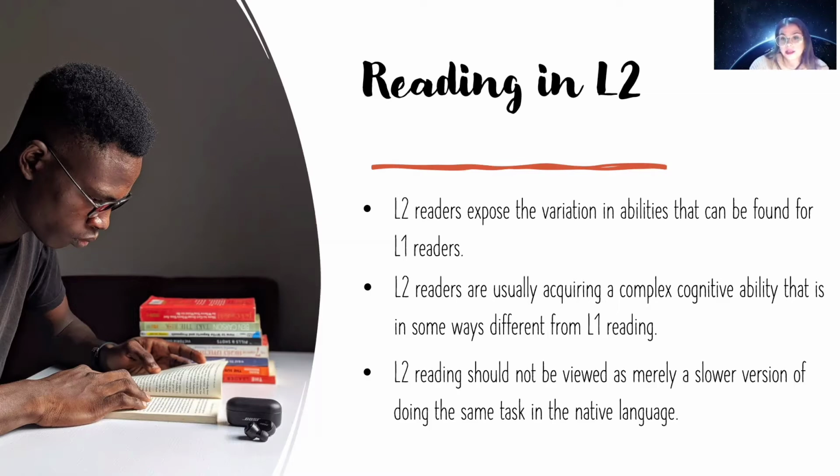And also, second language reading should not be viewed as a merely slower version of doing the same tasks as in native language. So there are similarities as well as differences, and some of these differences are linguistic and processes differences, individual and experiential differences, sociocultural and institutional differences, and all of these differences need to be taken into account when we are planning the lessons.